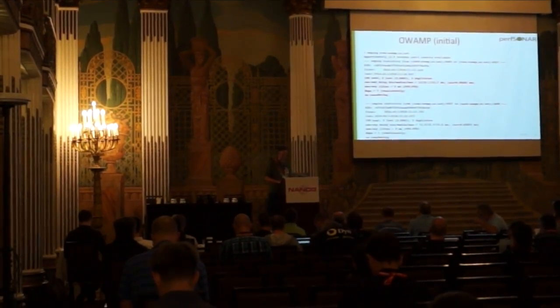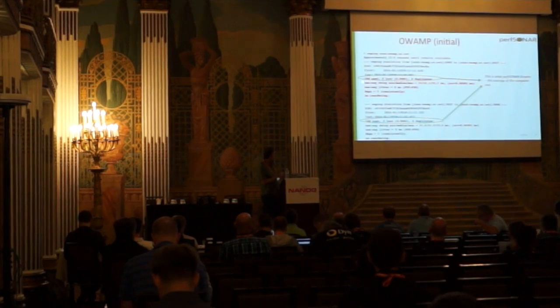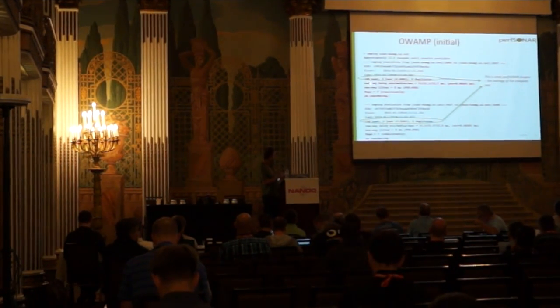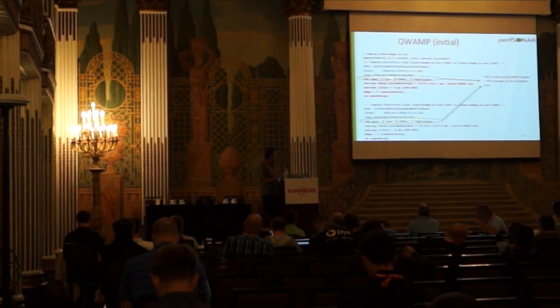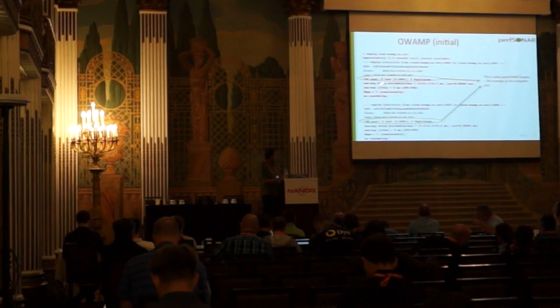Like I said, I've got to speed up just a little bit so we have time for questions at the end. So here's an example of OWAMP output. By default, it sends 100 packets, 10 packets a second. They're very small packets, and it monitors how many were lost, whether there are any duplicates, and what the delay and jitter are.